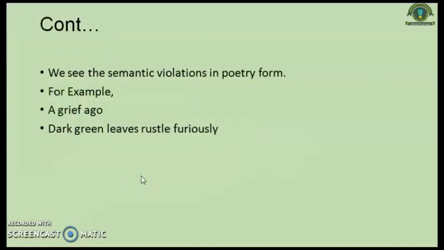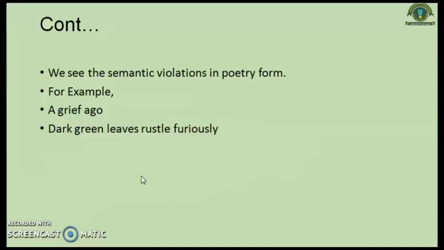As in this example, a grief ago, when the poet used the word grief with ago, he was adding a durational feature to grief for poetic effect. So while the noun phrase is anomalous, it evokes certain feelings. Though some phrases violate semantic rules, we can understand them.